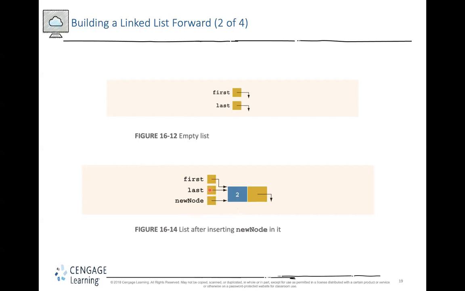So the first and last pointers, right now this is a list of one node, are the same, they point to the same node. And the link of this node goes to null, as there are no other elements right now.